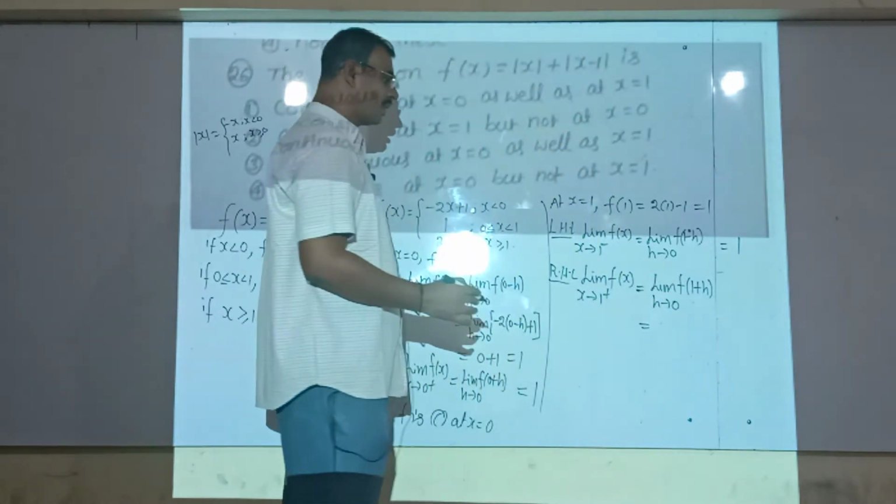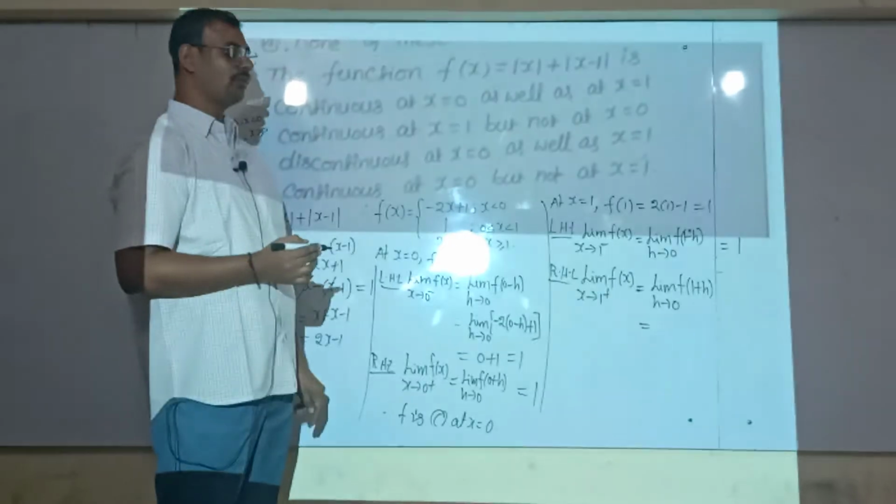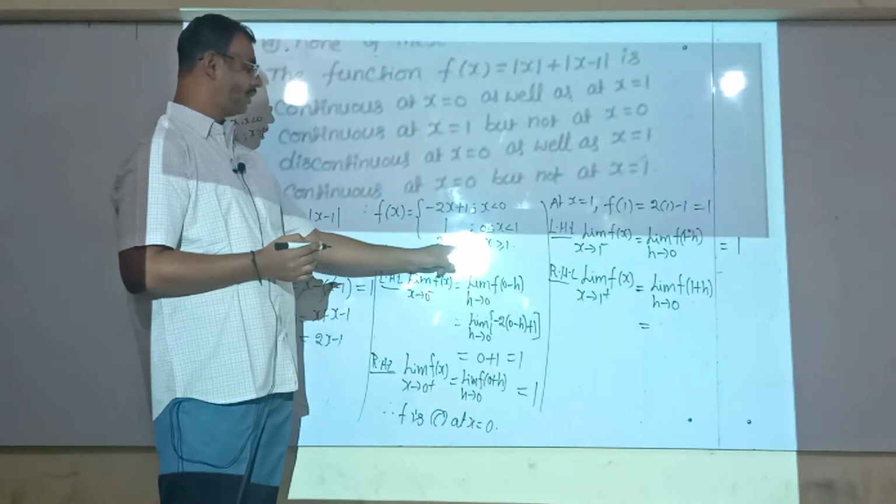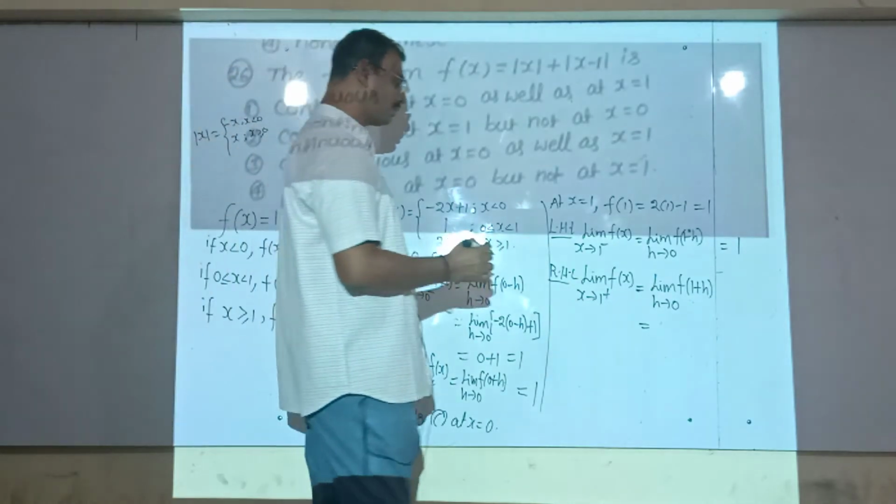When x is more than 1, f of x is equal to 2x minus 1.